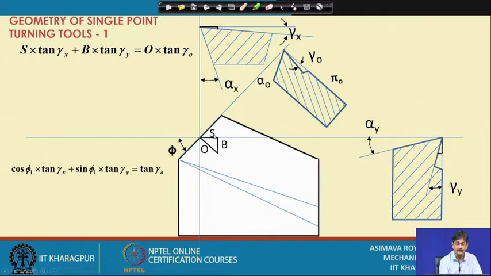So, when from the reference plane the rake surface is going down as we move away from the nose, that indicates positive rake.